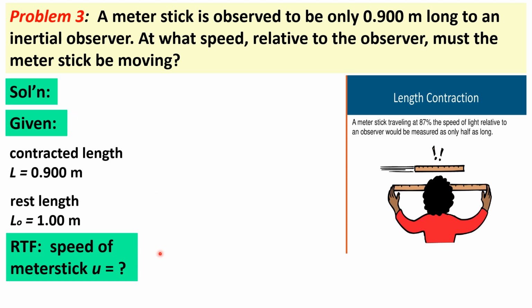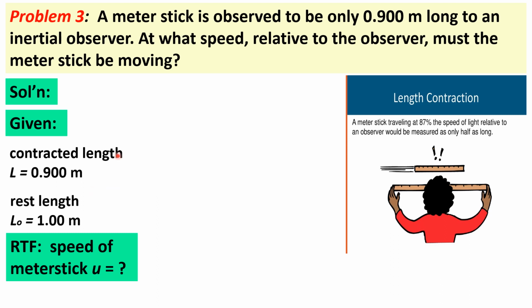What should be the speed of the meter stick so that when observed from the perspective of the observer, it will only appear to be 0.900 meter long instead of the original length, that is 1.00 meter.